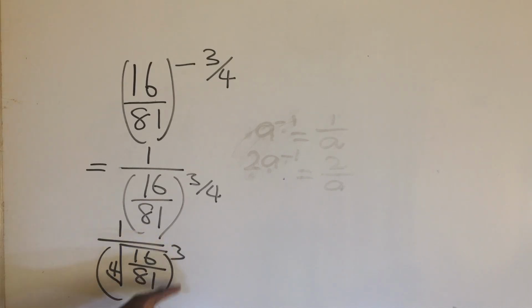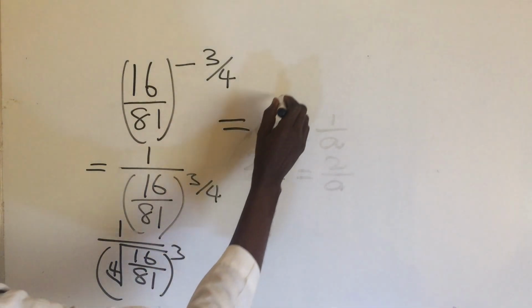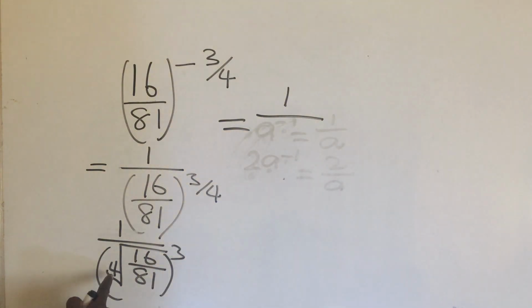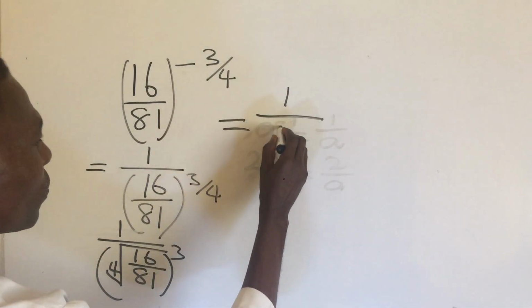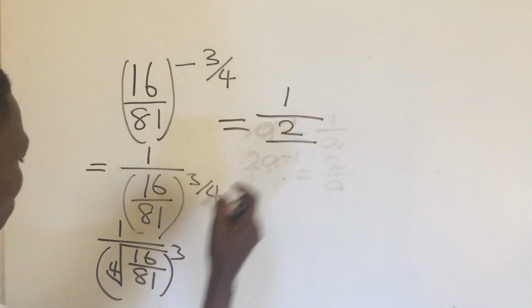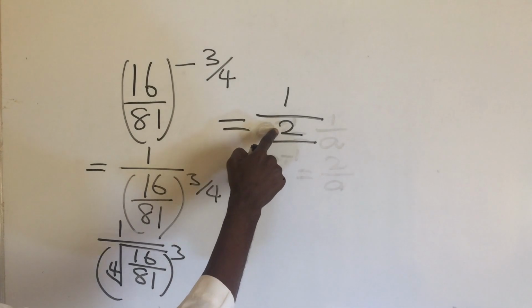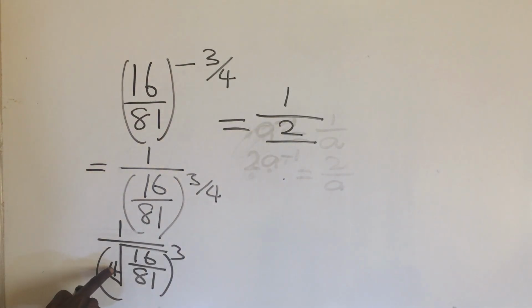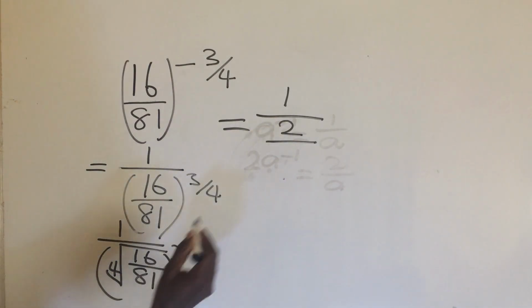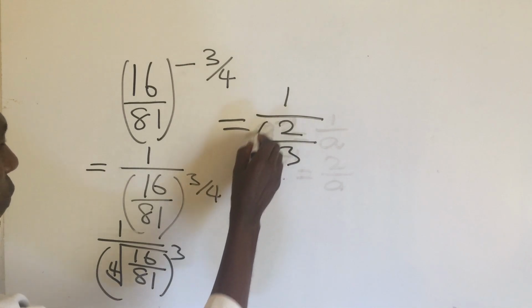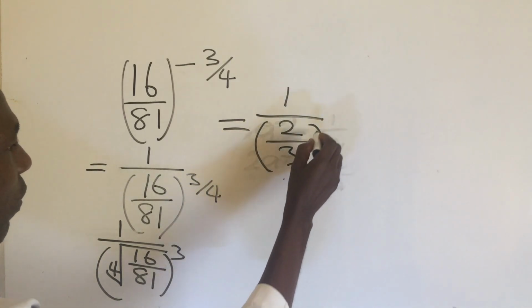If we continue our mathematics, we now have 1 all over, the fourth root of 16 is 2, the fourth root of 81 is 3, all raised to power 3.